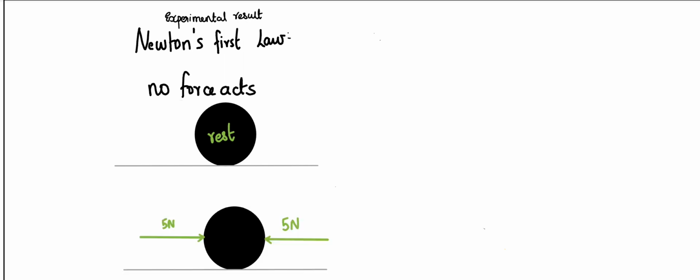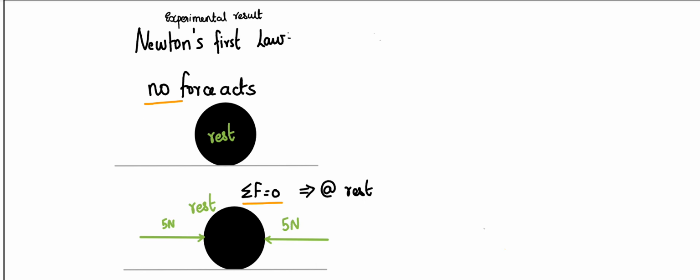For example, here I take a body which is acted upon by 5 Newton and 5 Newton, which are equal and opposite. So it's obvious the summation of F is equal to 0. That means in this case also the body will be at rest. So the no force condition and the condition that summation of force is equal to 0 are the same.